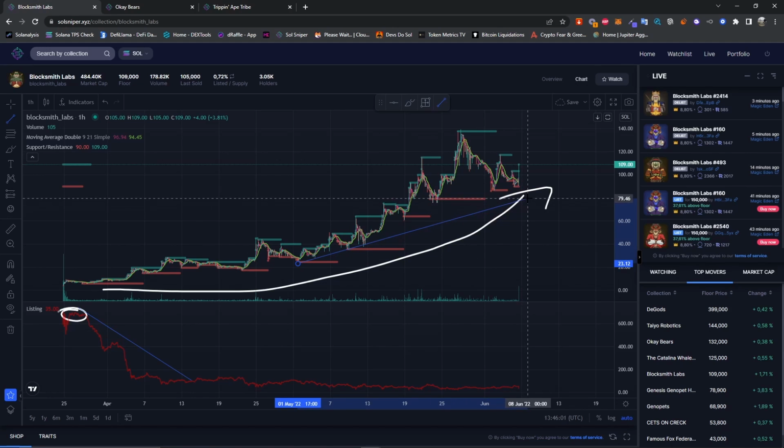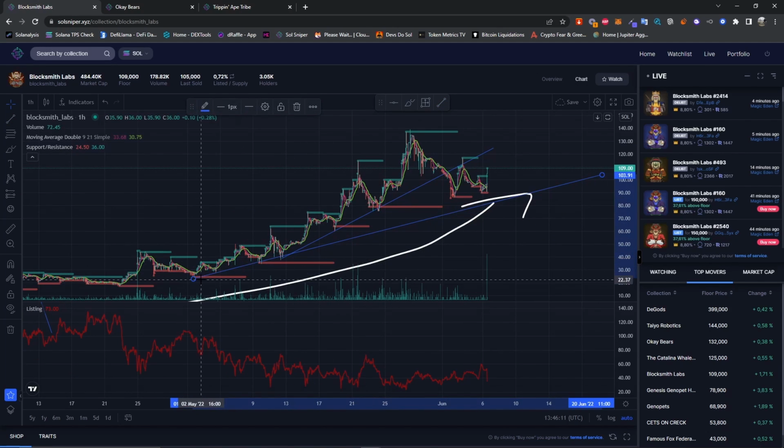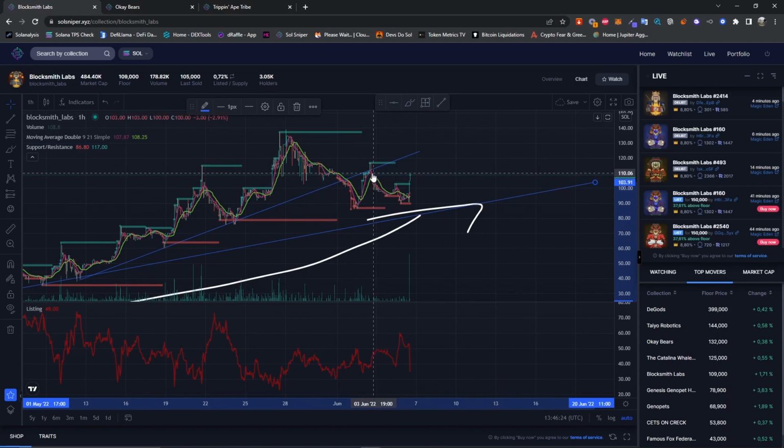Let's just see, on Blocksmith Apes, we have one major uptrend that is still holding, and then another uptrend inside of the uptrend. So this uptrend broke and we retested it, but couldn't go up.